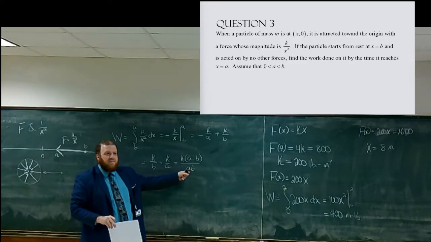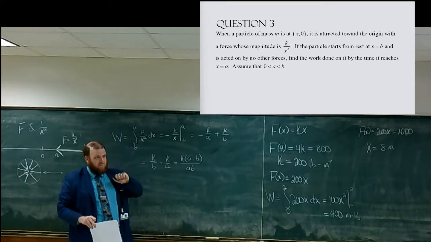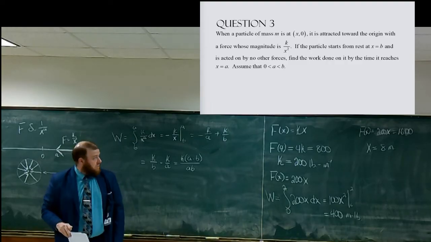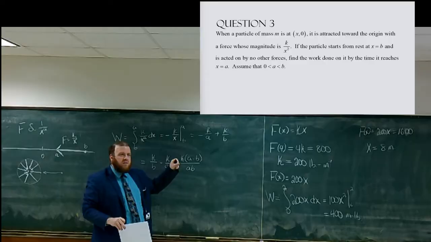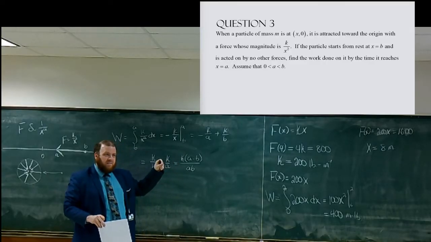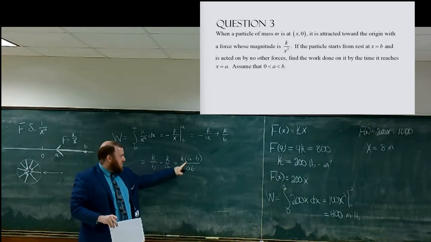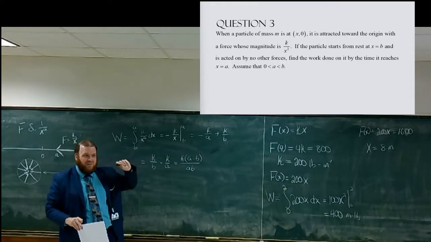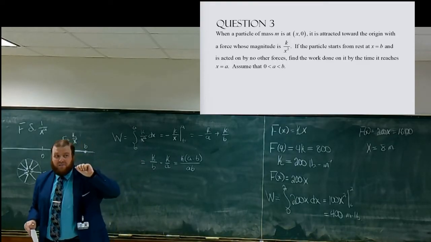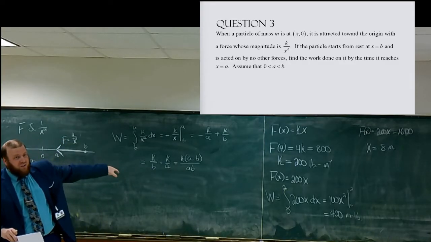With this problem, it would be positive because it's assumed a is smaller than b. a minus b, a is smaller than b, but they would both be bigger than 0. True, so they're both positive. So you take a smaller number and subtract from it a larger number. What's the result? Oh, that would be negative. This is negative work.